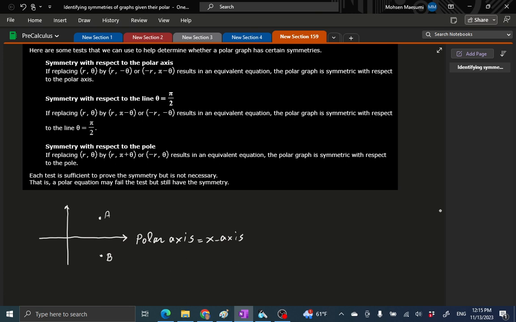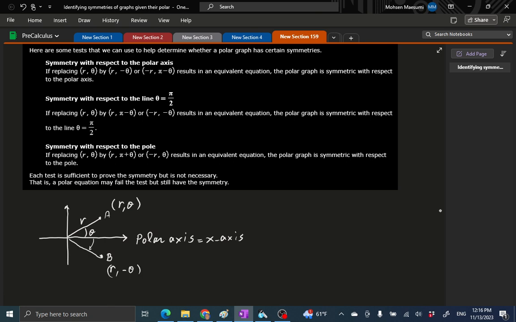Well, we say this one is the point r and theta. This is r, of course, and this is theta. How about the other one? Its r is just r, but one way to express the point B is to say this is minus theta.